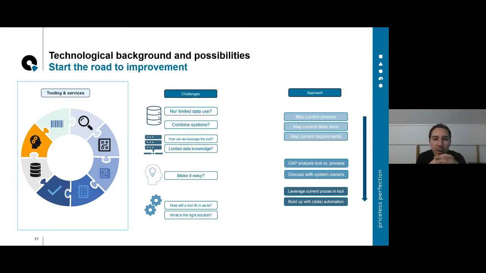Challenges and questions that come along with the investigation on tooling are most of the time related to, say, user interface. Is it easy to use? Does it do a lot for me as a provider? Or to data and systems? So how can we leverage our internal ERP systems and present the outcome to our stakeholders? Is the tool facilitating that?